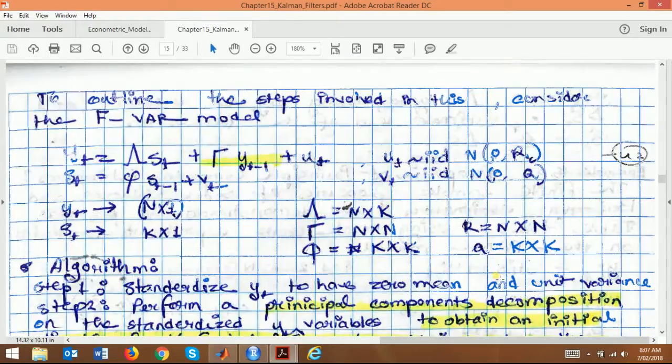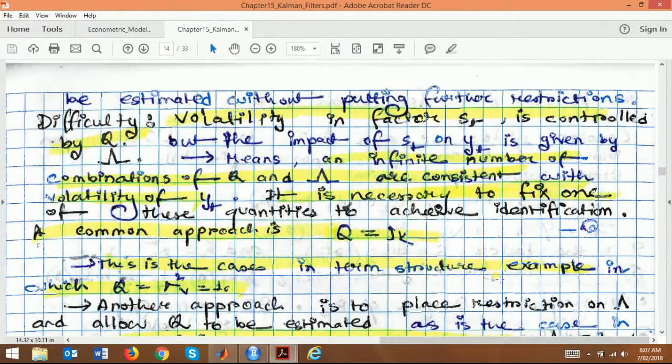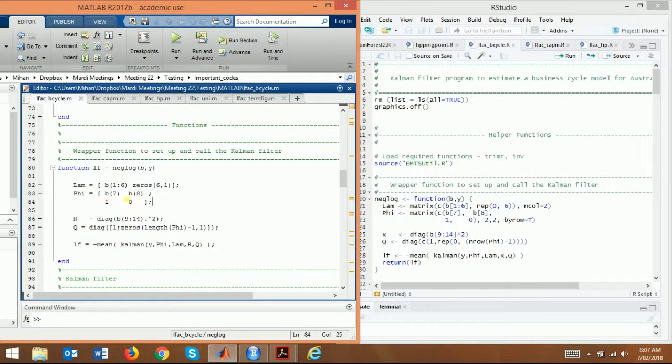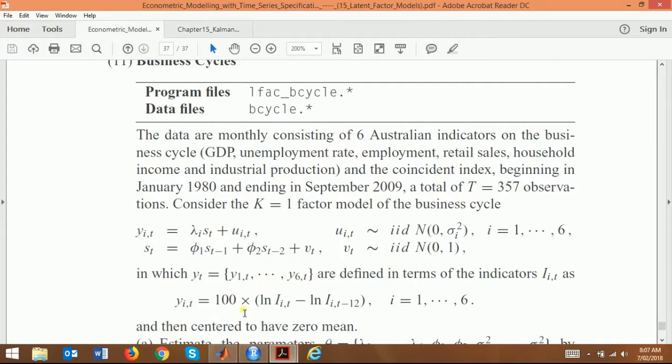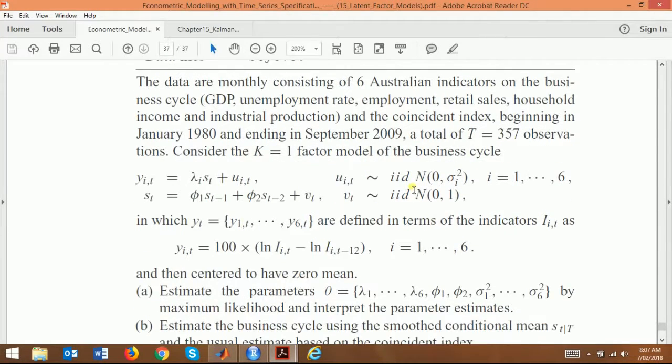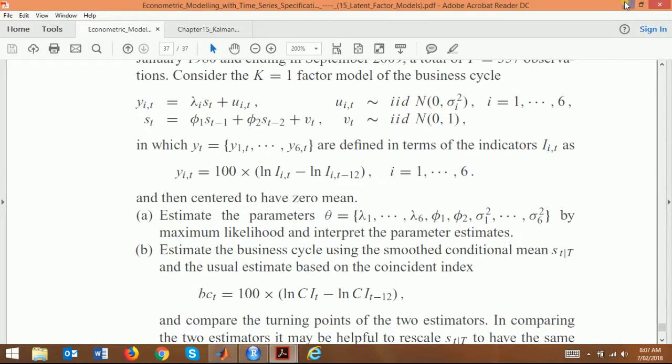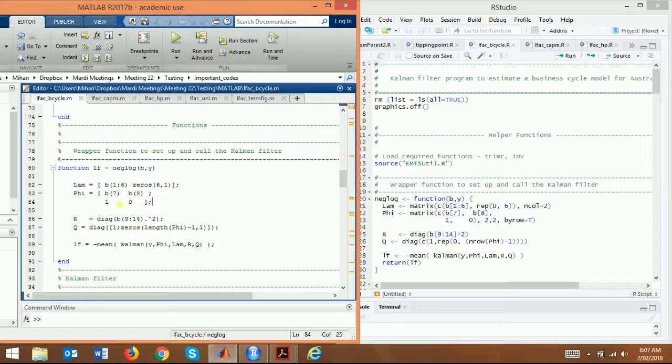Extension of Kalman filters. 5, 1, 5, 2, 1, 0: the diagonal elements. Then R, and 9 to 14. So lambda is 1 to 6. First we have 6 variables, so 6 lambdas, and 2 autoregressive parameters.